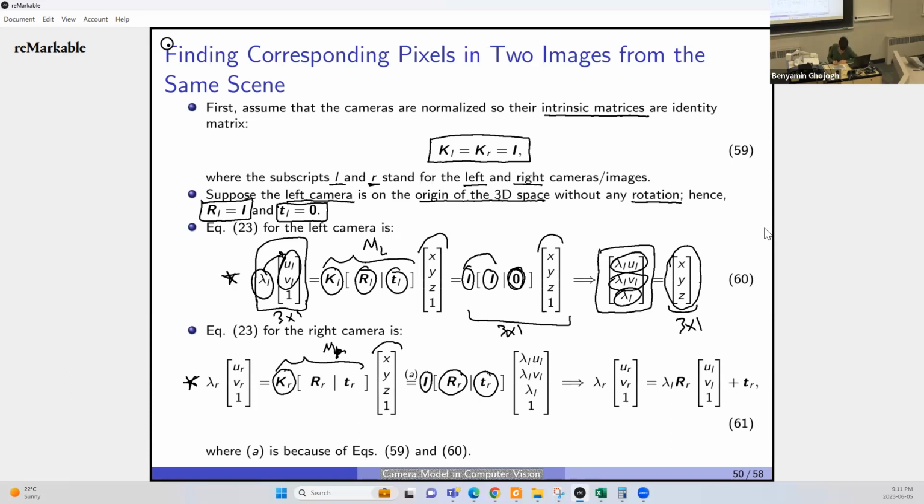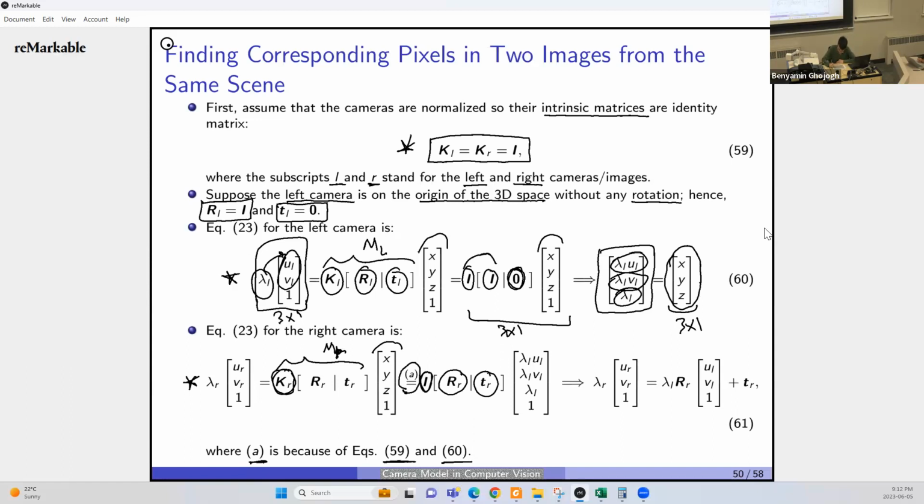And what are we doing here? Just let me remember. Oh, by the way, now this equation is because of equations 59 and 60. What was 59? KR, I have replaced it with I, correct? And what was 60?